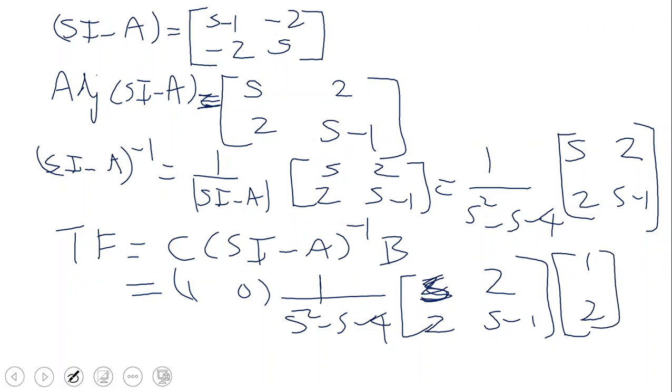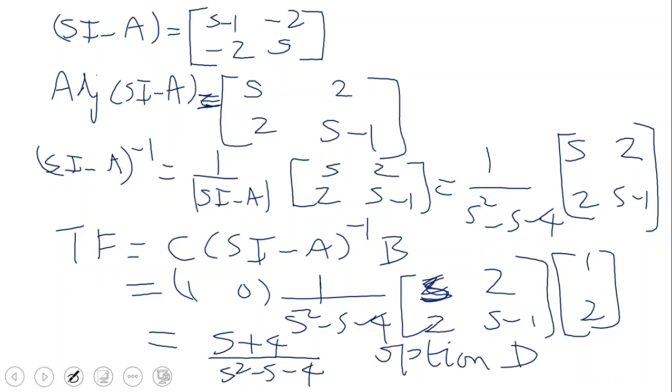If you multiply and simplify, you will get (s plus 4) by (s square minus s minus 4). So this is option D. If you check with the 4 options, option D is correct.